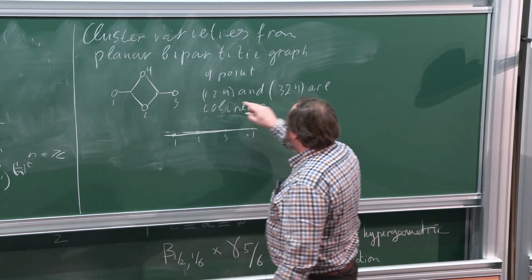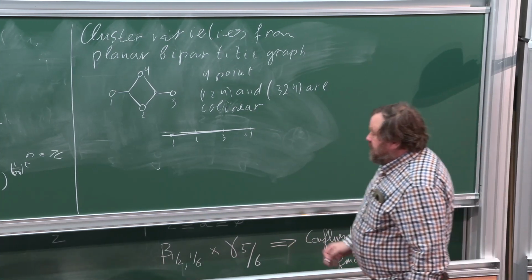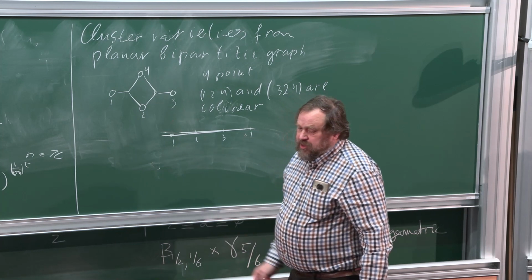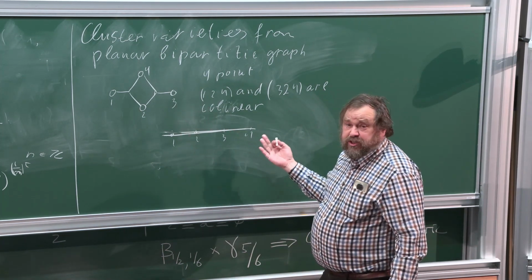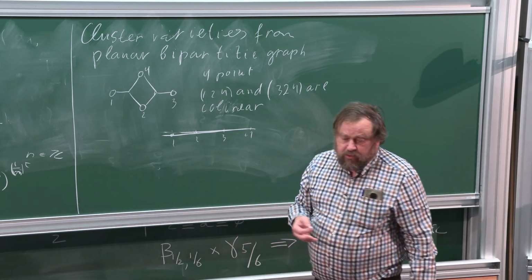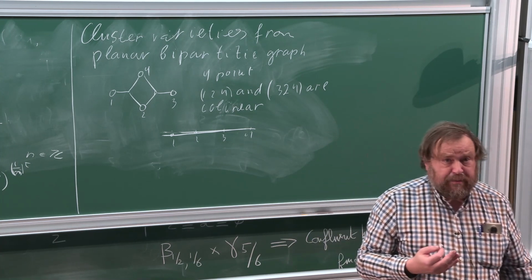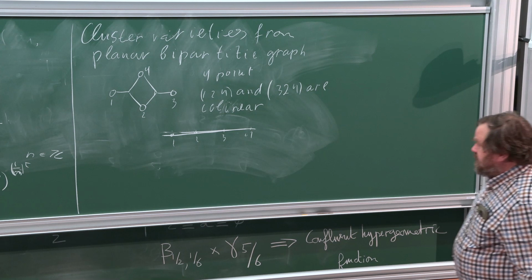So if these 4 are collinear, this picture corresponds to a configuration of 4 collinear points on the line, and we want to parameterize the space. This picture also helps to parameterize the space.